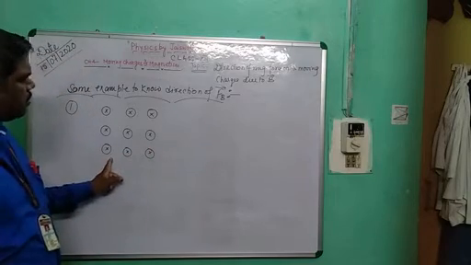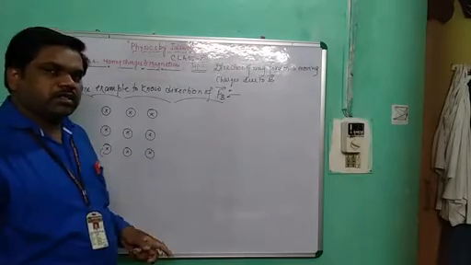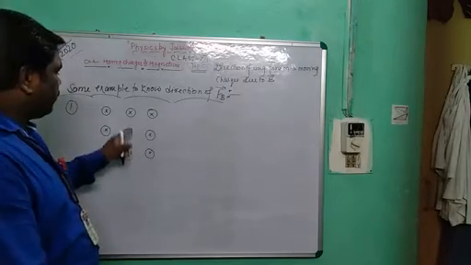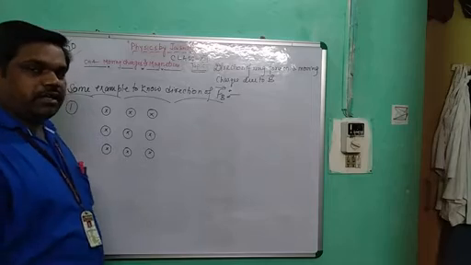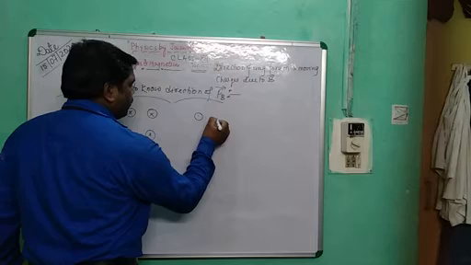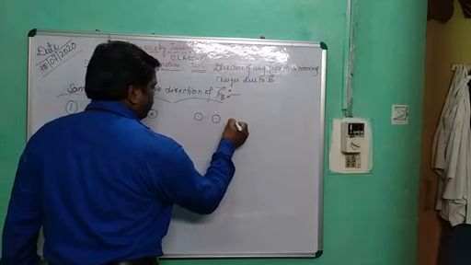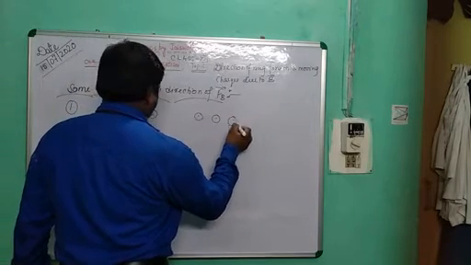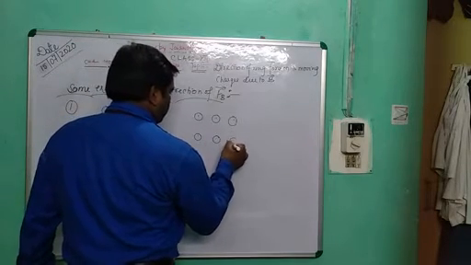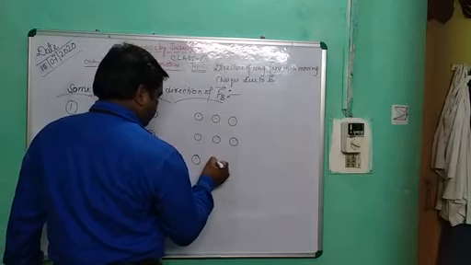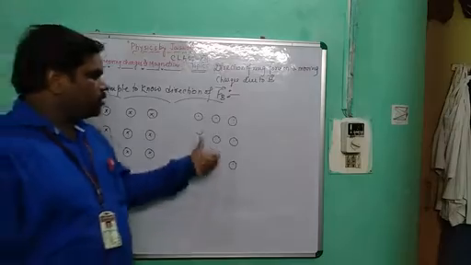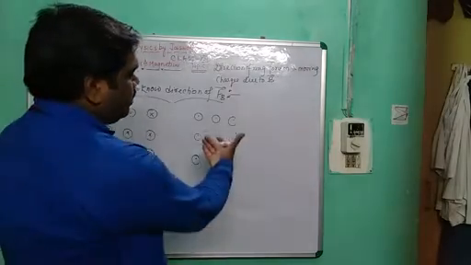This cross shows the direction of magnetic field is inside. And what about this symbol? This symbol shows the direction of magnetic field is outward.